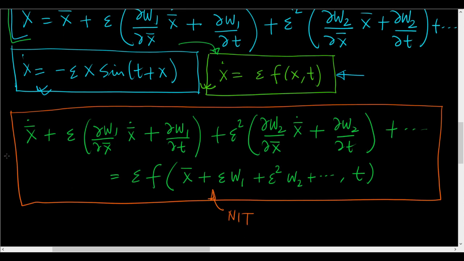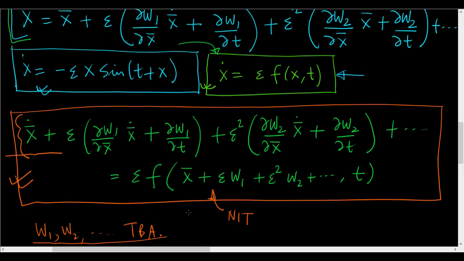This is the differentiated form of the near identity transformation. I still haven't said what these are, but whatever I choose them to be in the future, it does not matter. This orange box has to be true.